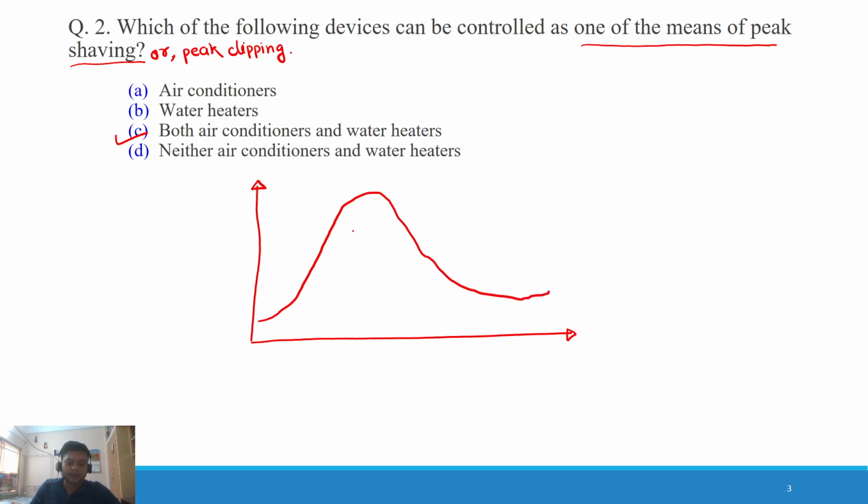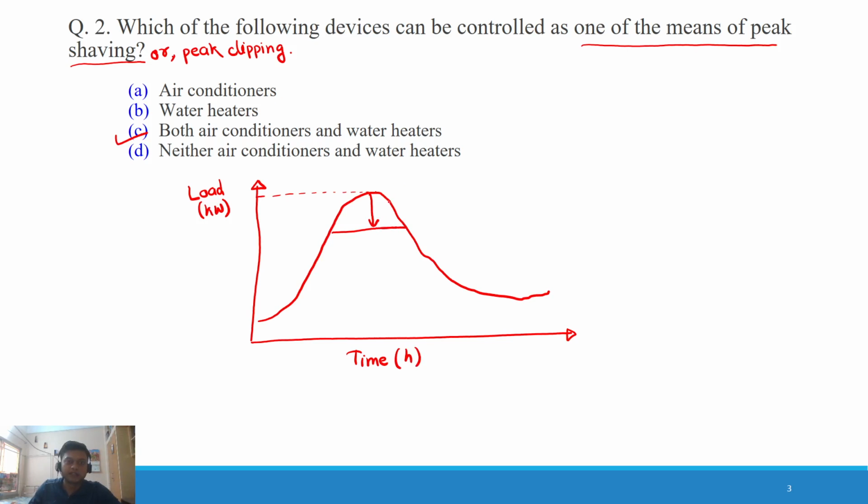This is the peak demand for this distribution system, and we are lowering this peak demand to a certain height. The x-axis is time duration in hours.